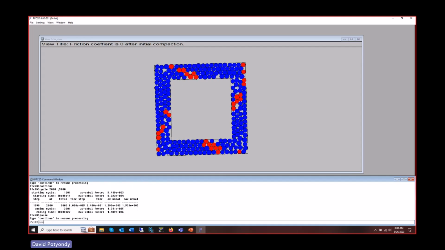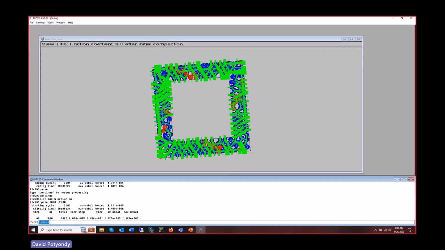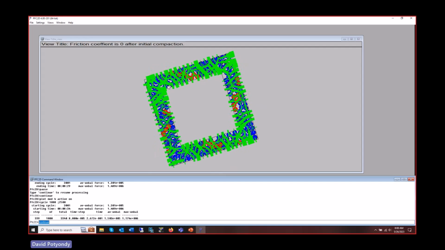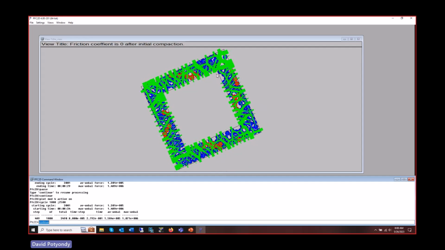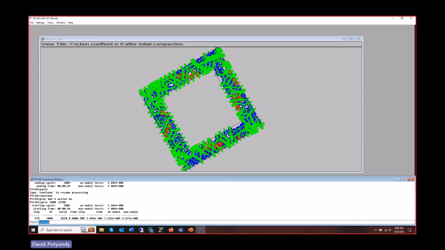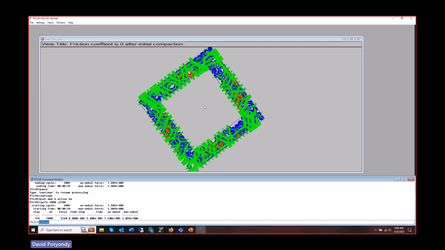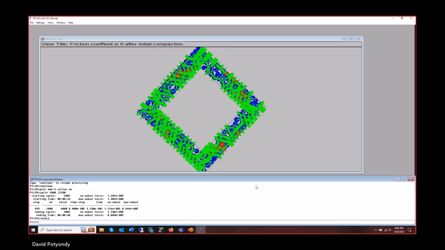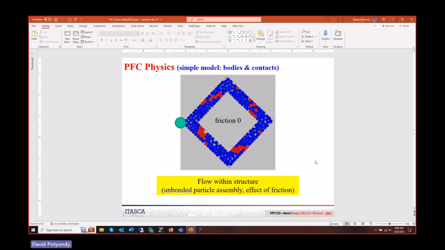If I go a little further and show you the force chains, here they are. It's basically sliding along those surfaces, but then it's getting mixed in the corner here. That's where all the complication is coming into play. And so that's my system. So that system mixed it up.